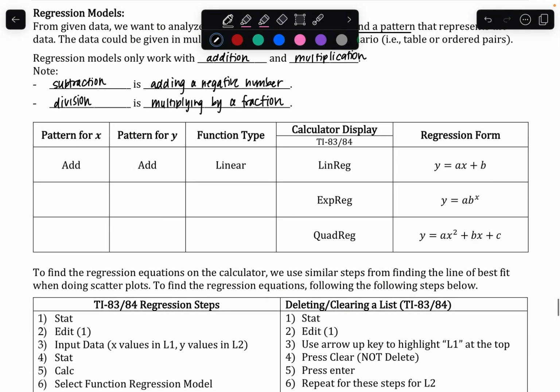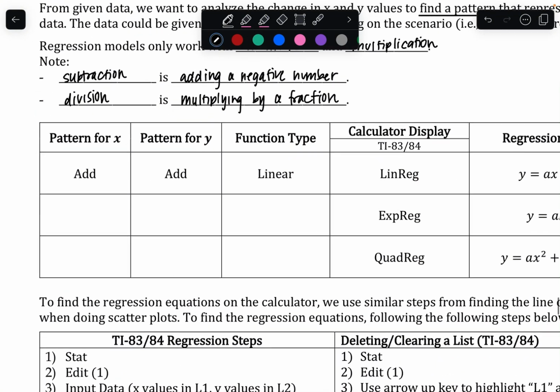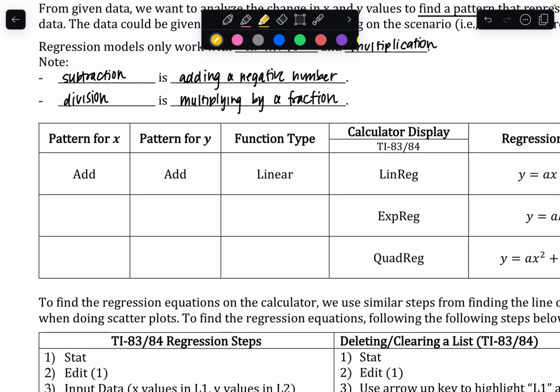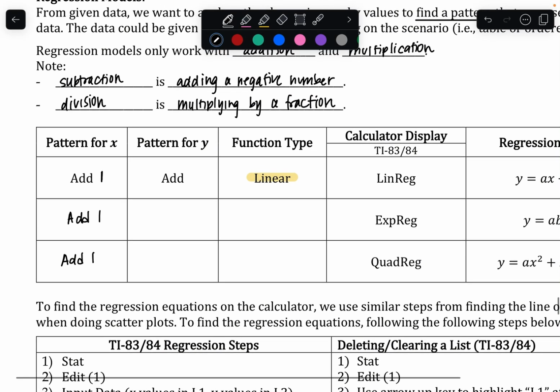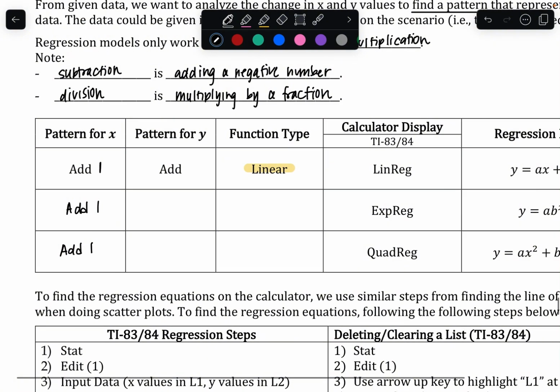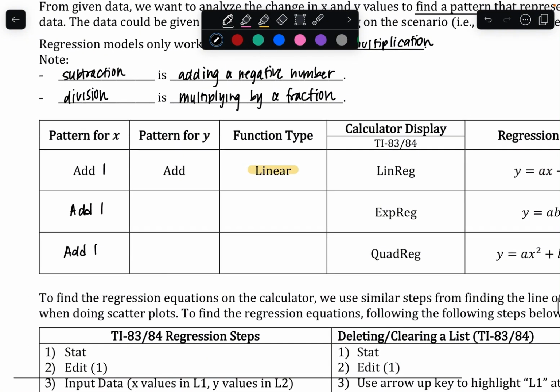Okay, and so when we are dealing with linear, that's our most familiar, you are going to notice the pattern you look for in the x's is you want to be adding 1 each time. So every time you are identifying a pattern, you want to add 1 to your x's, kind of like a term number in a sequence. And then the pattern for the y is going to be adding whatever that common difference is. In that case, it's going to be linear.